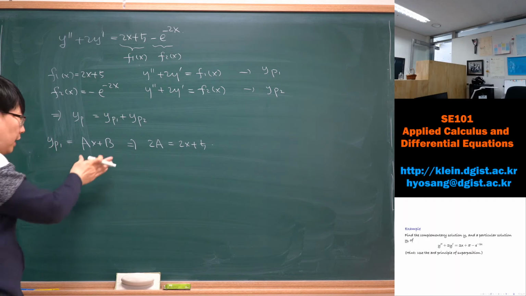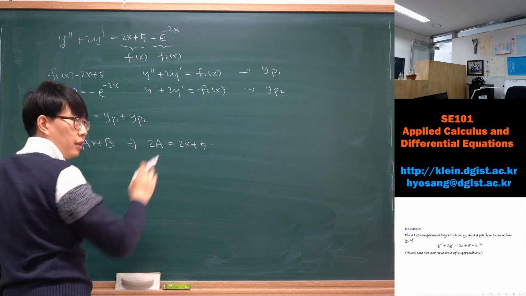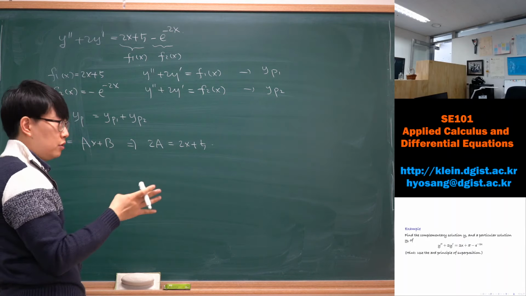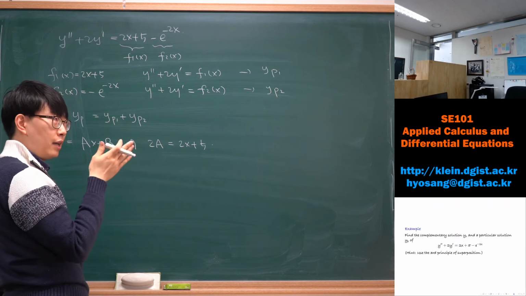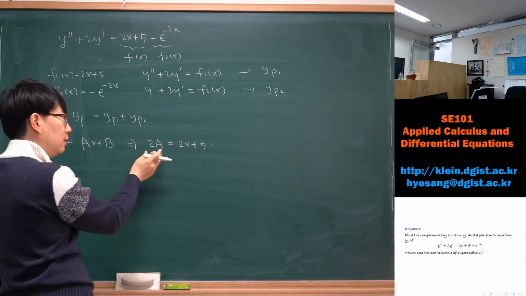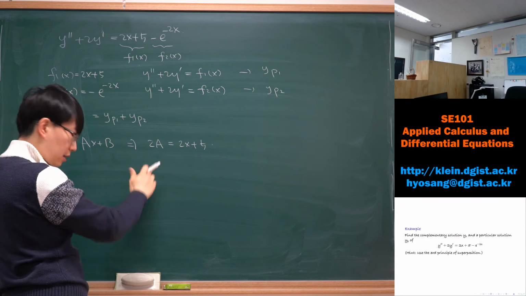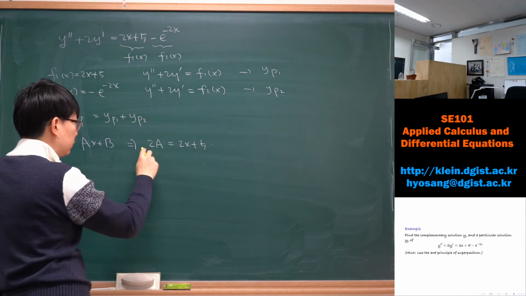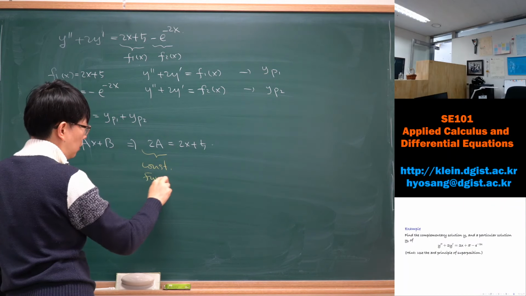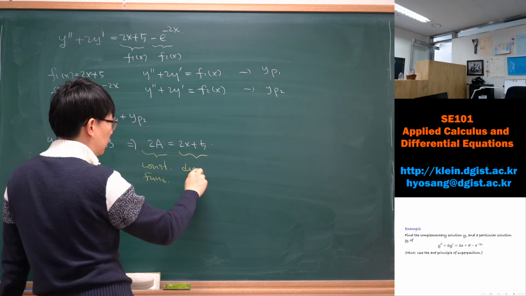Now, I'm guessing that this is the solution, which means that the left-hand side and right-hand side must be identically the same function. It's not that I can find a single x that satisfies this equation. It should be the same function identically. The left-hand side is a constant function, and the right-hand side is a degree 1 polynomial.